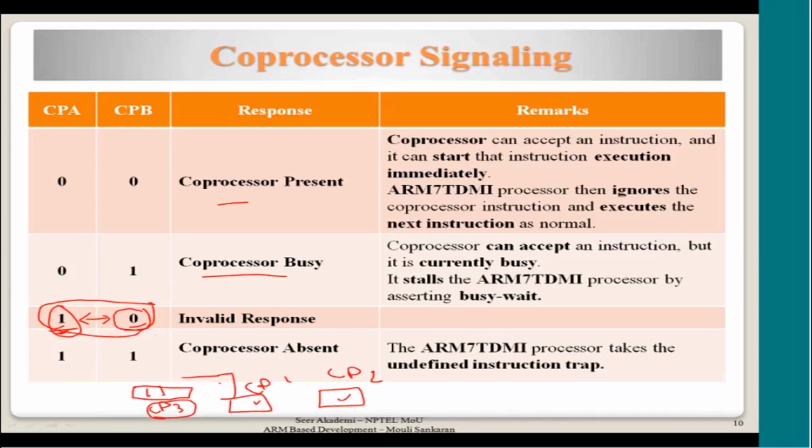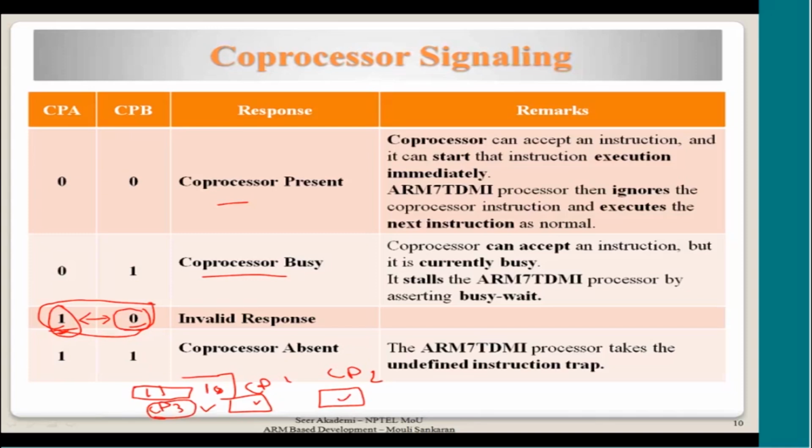So they wouldn't have driven the CPA to 0. It will maintain it as 1 only, because it is not going to take up this instruction at all. So as far as this instruction is concerned, the coprocessor is not present in the system, and they should also drive the CPB to 1 to say that I am busy.